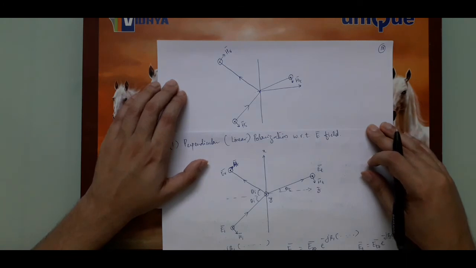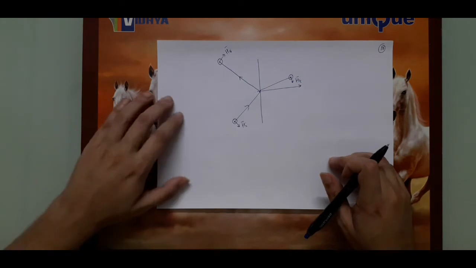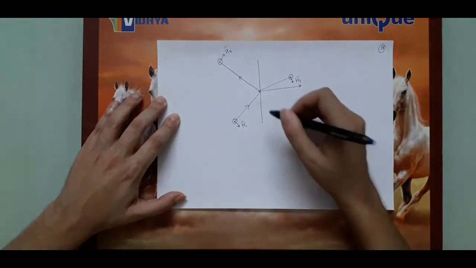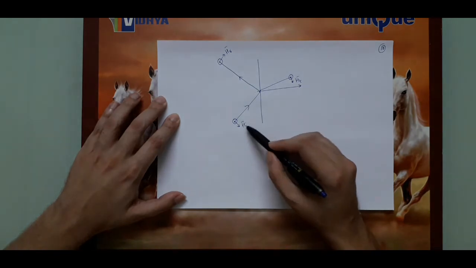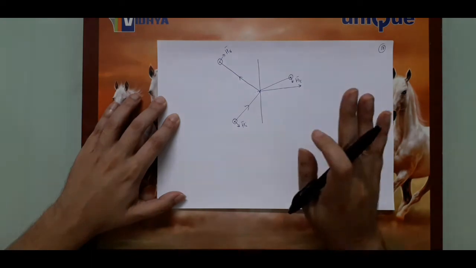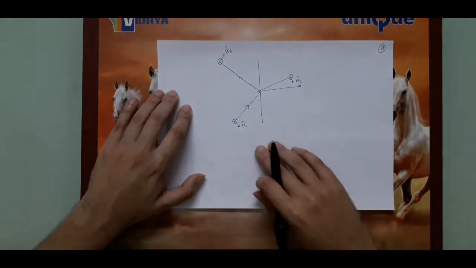So what can we say? As we approach the boundary, you will see that the H fields are all oblique. Therefore we need to see what is the tangential component of these fields.